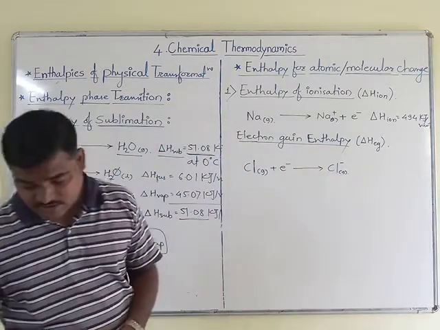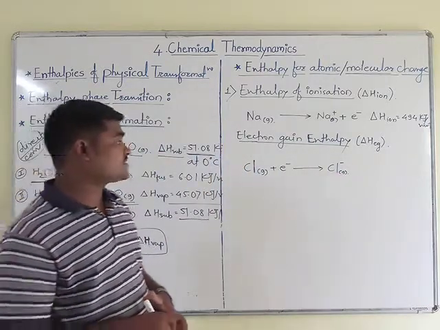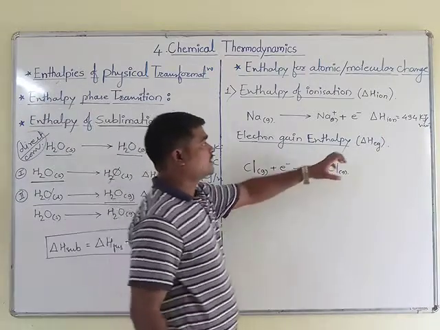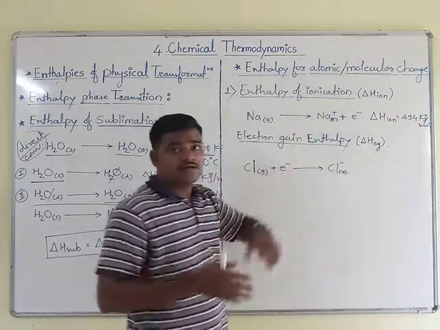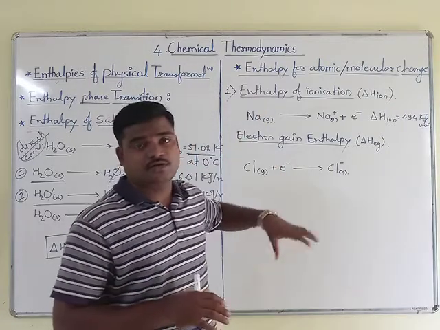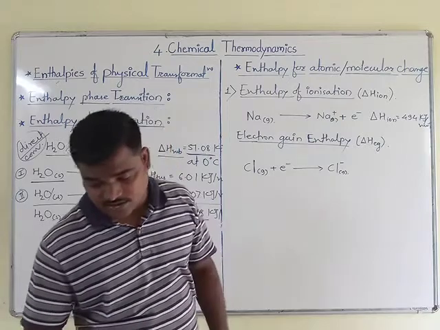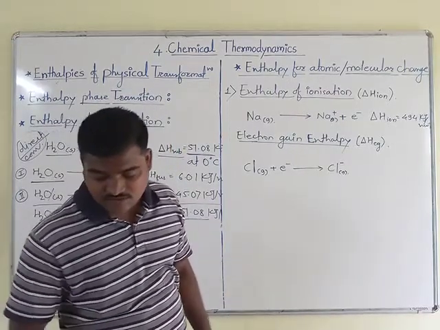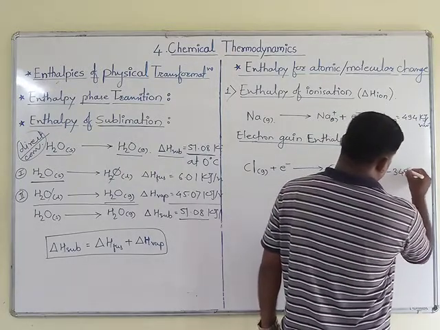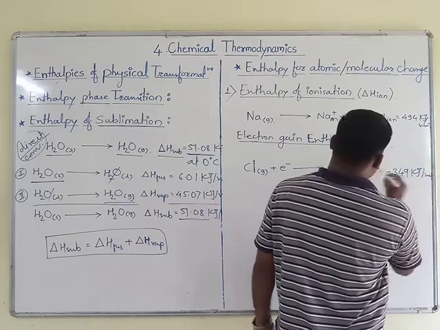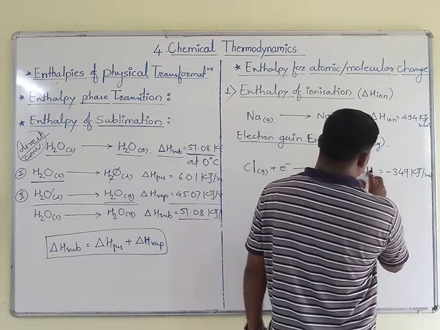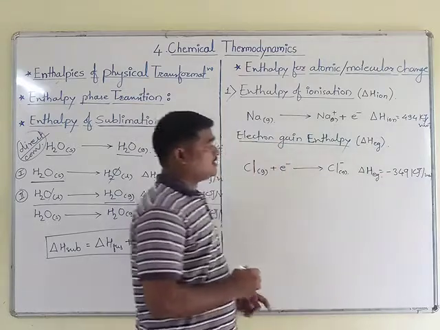During this process the enthalpy will be negative. Why should it be negative? Because during ionization we supply heat for the conversion, and for the gain of an electron the enthalpy is minus. So its value is minus 349 kilojoule per mole. This much enthalpy is the electron gain enthalpy, delta H EG.